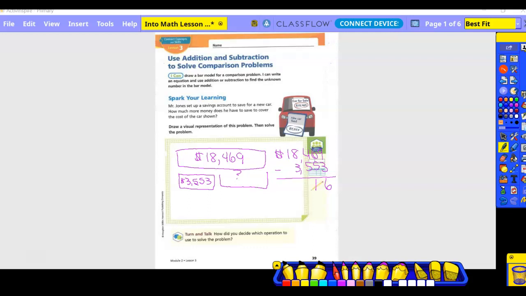Can I take 5 from 4? No. So this becomes a 14 and this becomes a 7. So 14 minus 5 is 9. 7 minus 3 is 4. And bring down my 1. So Mr. Jones still has to collect how much money?